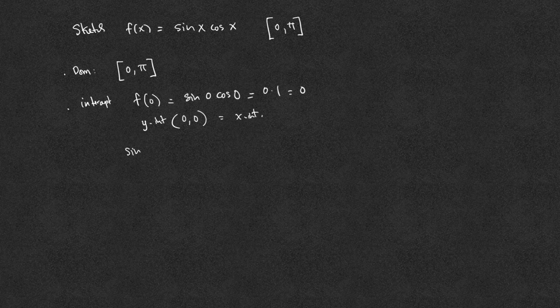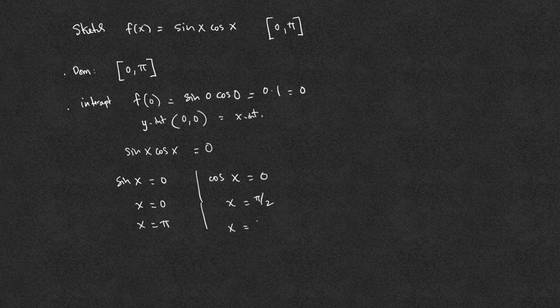To find the x-intercepts, we set sine of x times cosine of x equals 0. This is the zero product property, so each of the factors can be 0. Sine of x equals 0 when x equals 0 and x equals pi. Cosine of x equals 0 when x equals pi over 2 and 3 pi over 2, but 3 pi over 2 is not in the domain.